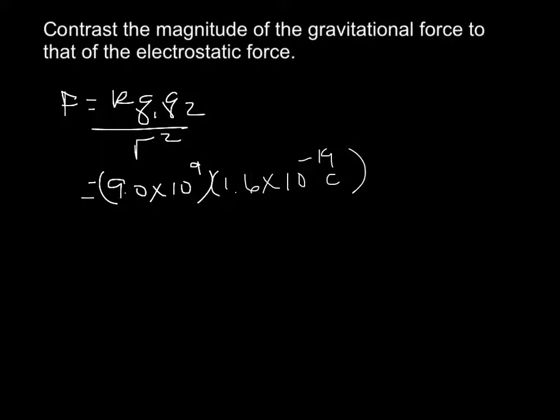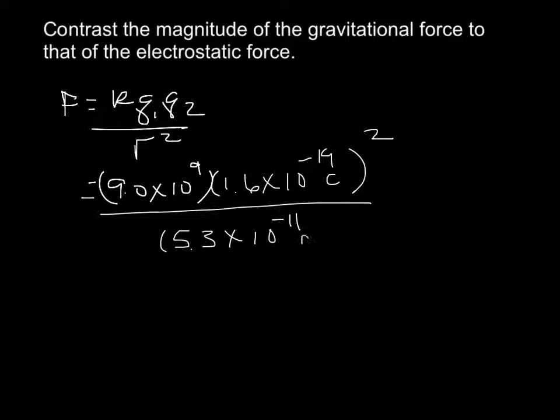And the charge of an electron is the same, so we're just going to square that because they have the same magnitude. And we're going to say that these charges are separated by the distance from the nucleus to the electron, which is about, I'm just going to give you this number here, 5.3 times 10 to the minus 11 meters. And we're going to square that. Don't forget to square it. That's the most important part.